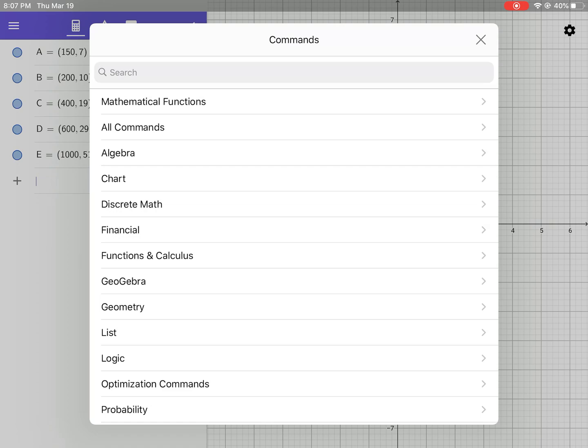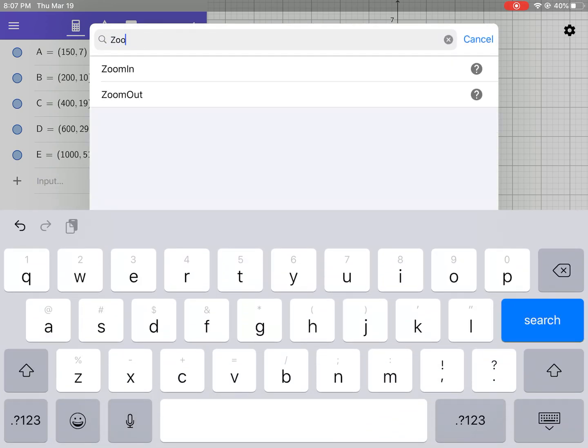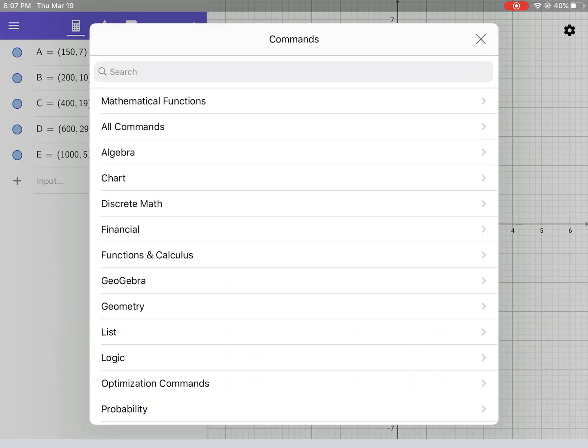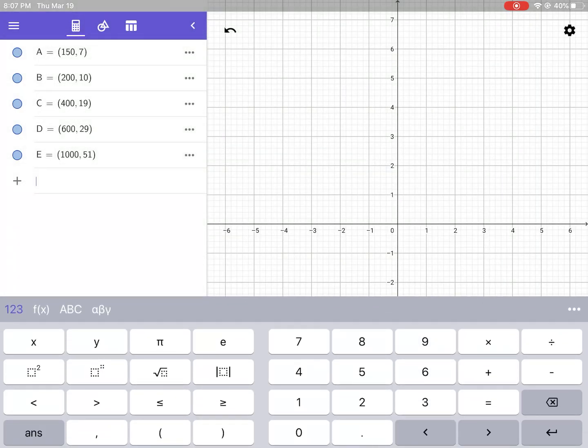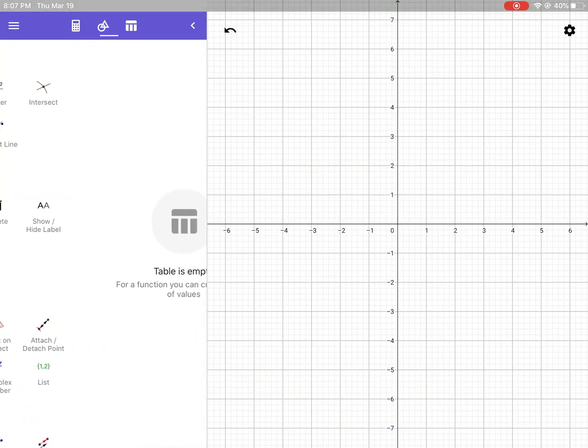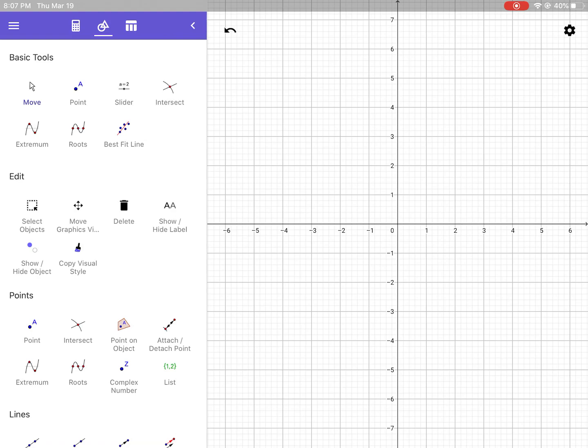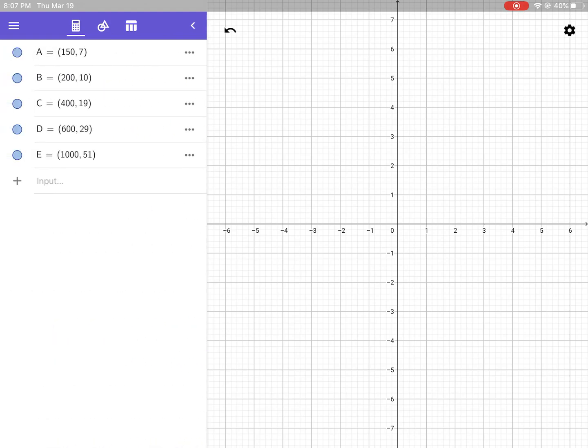What happened here? Zoom. Nope, that's not what I want. Hold on, scratch that for a second. Oh, okay, I know now. Sorry, scratch that. We can't see the data points. We want to see the data points.